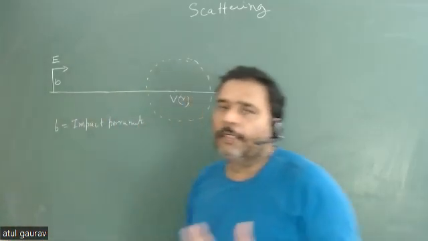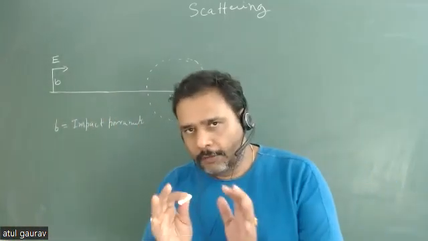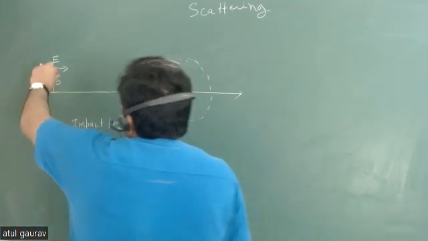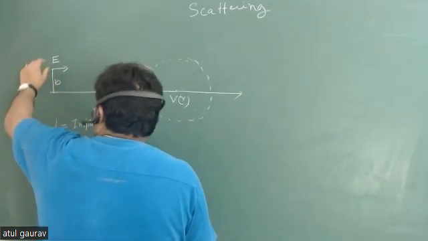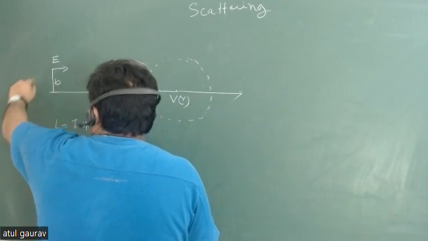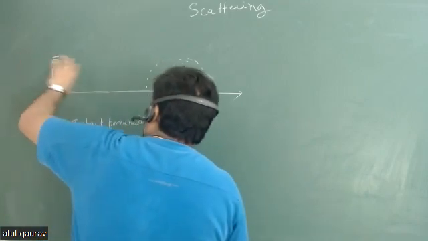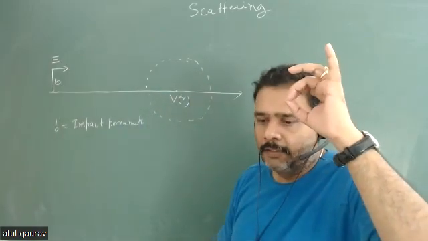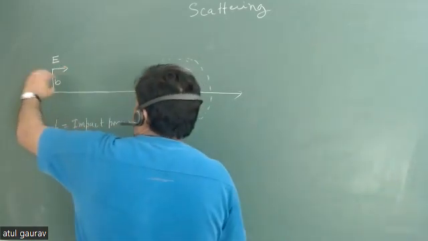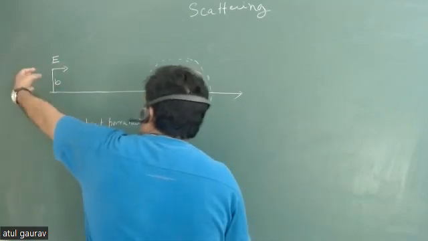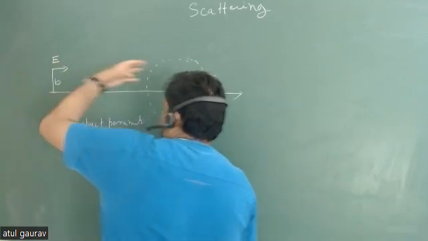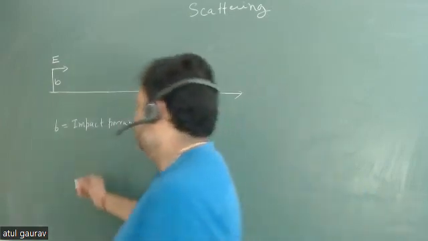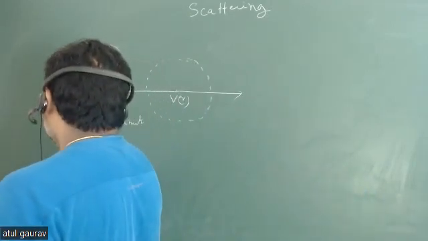So what are we going to do? First try to understand what we have to do. We will take a very small cross section here. Let's say that cross section is db, and you are throwing particles from here, and the intensity of the particles is I. What is intensity?